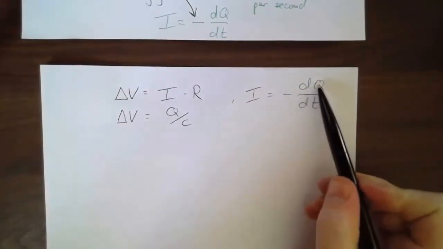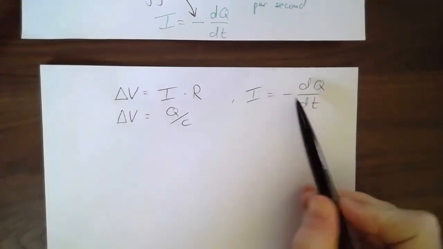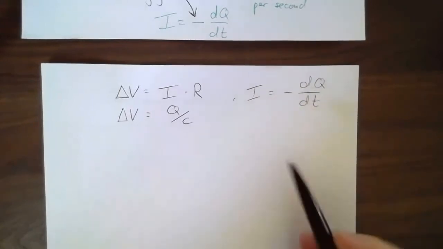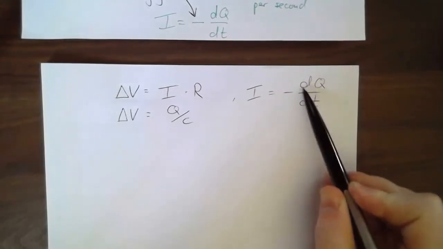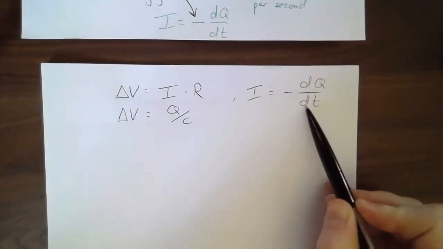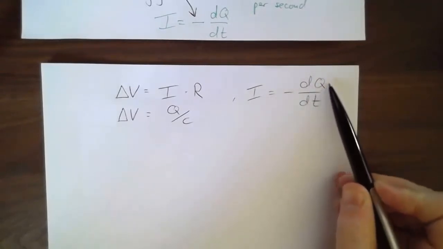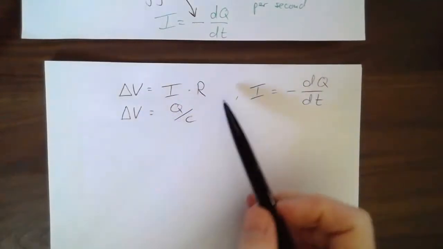And I can't write delta Q over delta t over a finite time interval, because the current might be changing constantly. In fact, it will be doing that, as we'll see. So I imagine a tiny time interval dt, infinitesimally small. Well, what's the infinitesimal amount of charge lost? That ratio is my current. Let's put the pieces together.